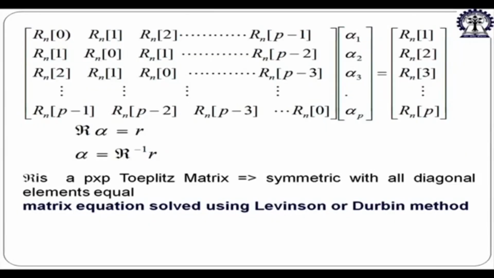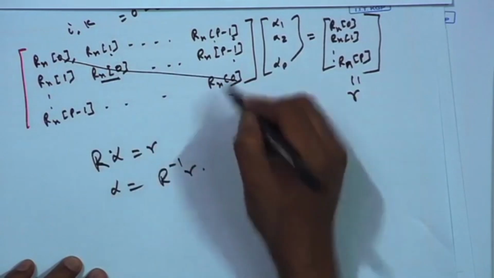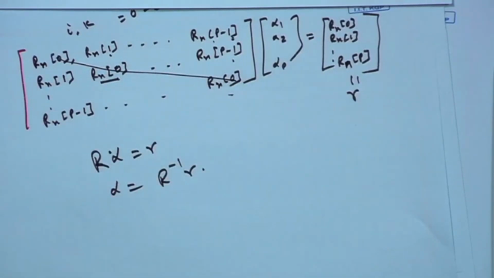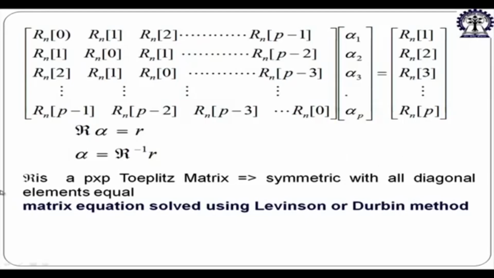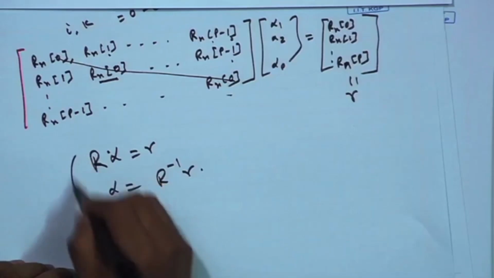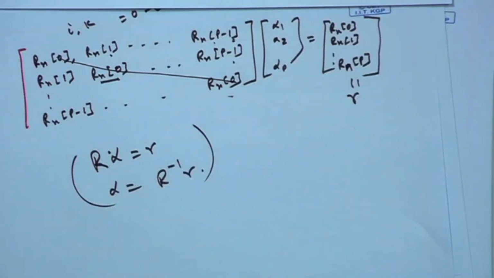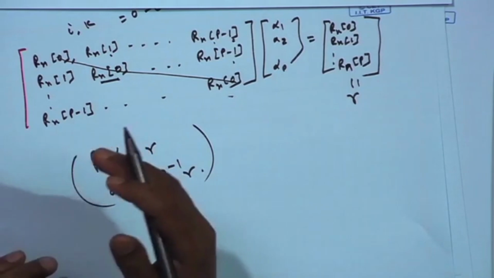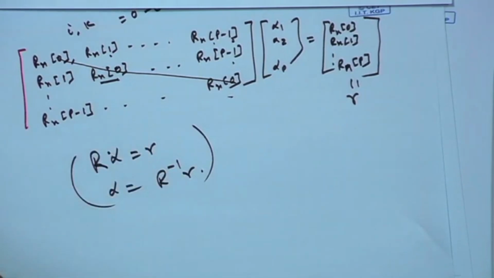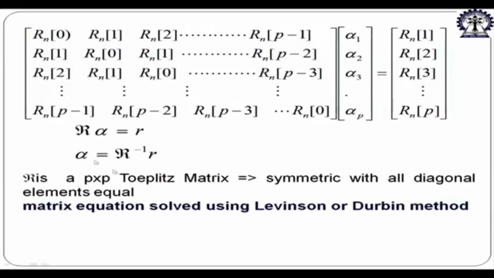All diagonal elements are R_n(0), so this is a special type of matrix: symmetric with all diagonal elements equal. Then I can apply the Levinson-Durbin algorithm to solve this matrix equation. Next class we will discuss how to solve this matrix equation.